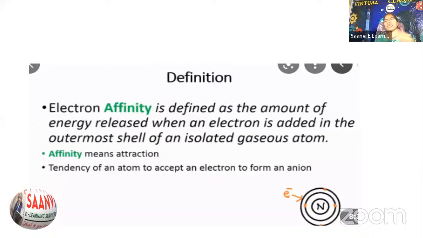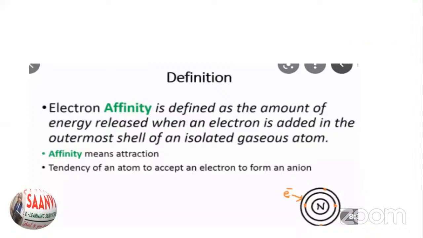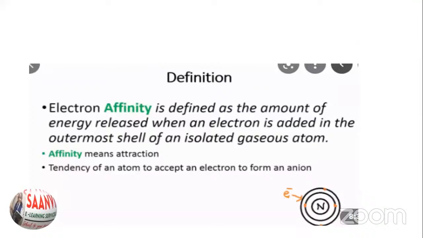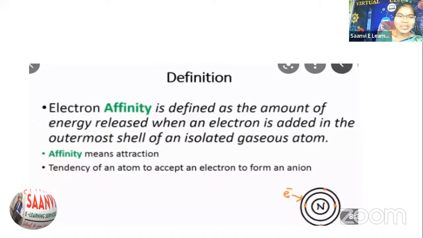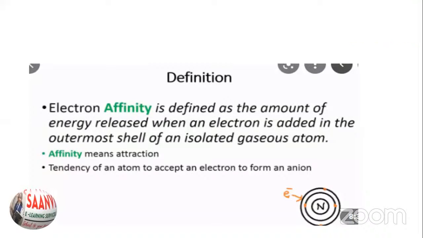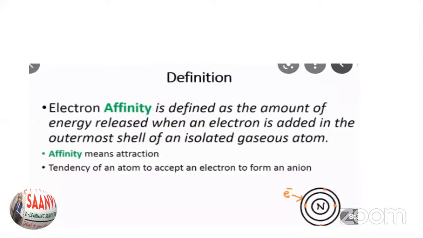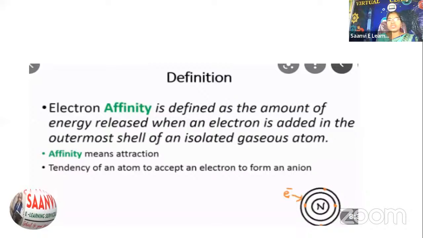So that variation you have to know: removing or adding the electron to the outermost shell or orbital. Ionization energy is the energy required to remove an electron from the outermost shell or orbital.